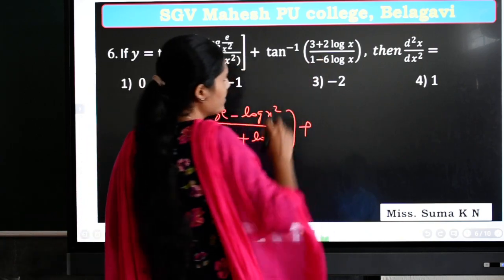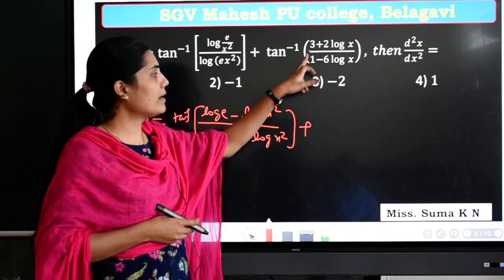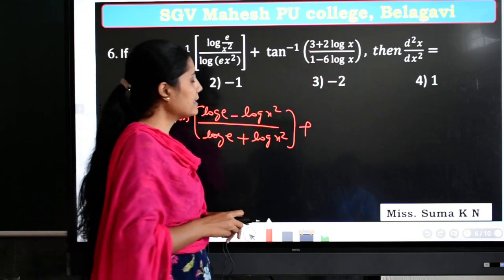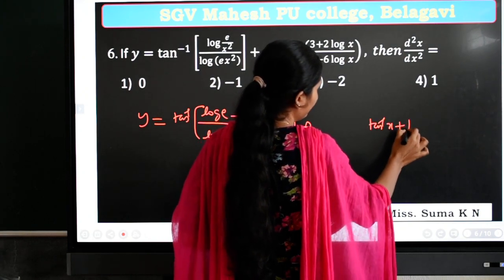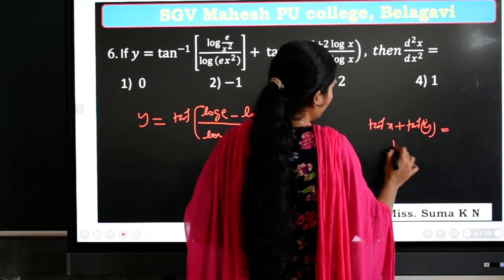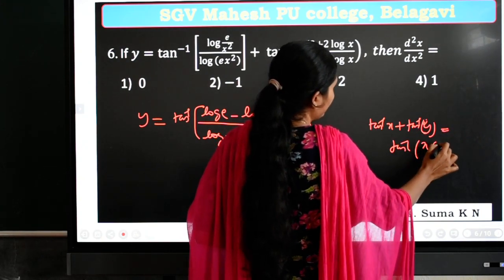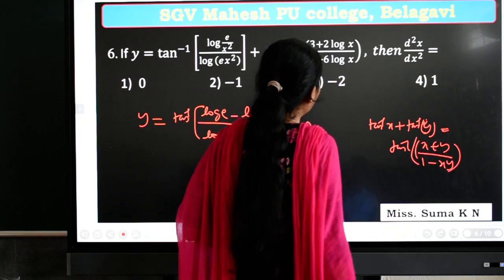Plus, tan inverse of x plus y divided by 1 minus xy. Tan inverse of x plus tan inverse of y, one formula is: tan inverse of x plus tan inverse of y is equal to tan inverse of x plus y divided by 1 minus xy.